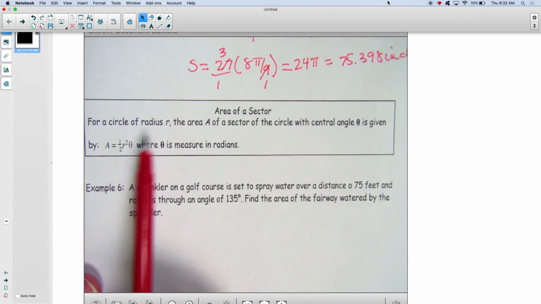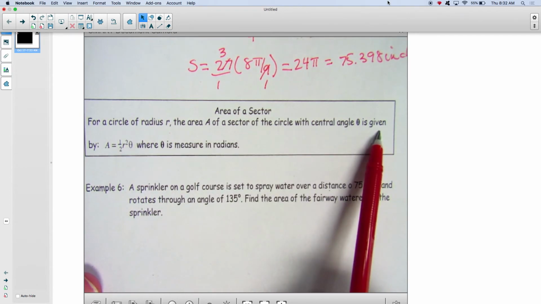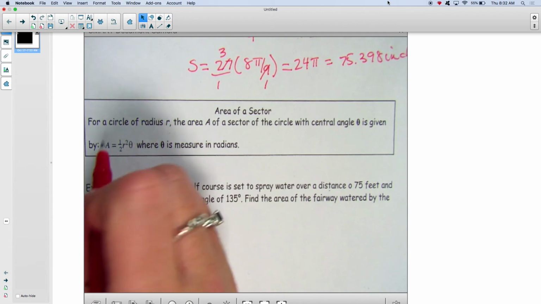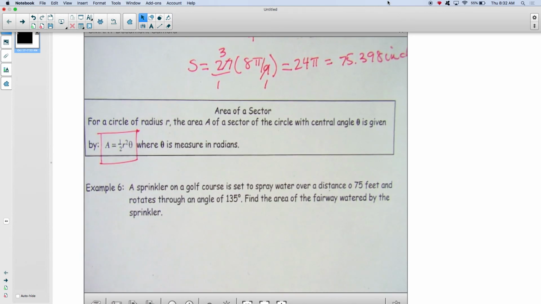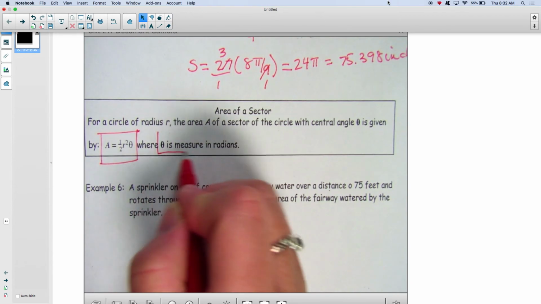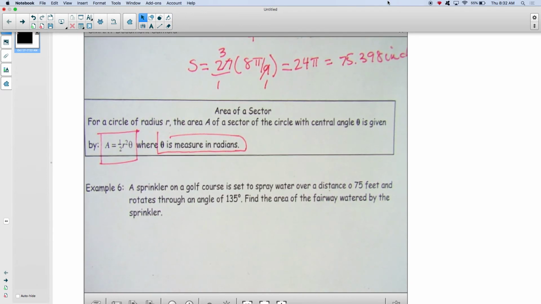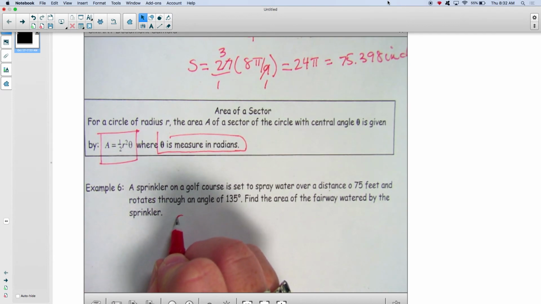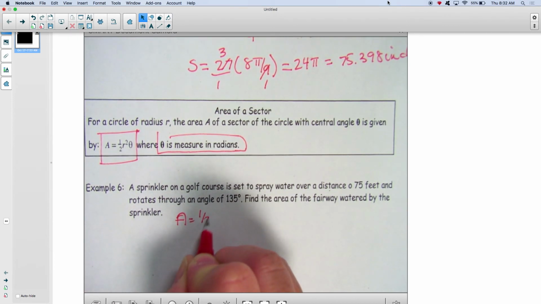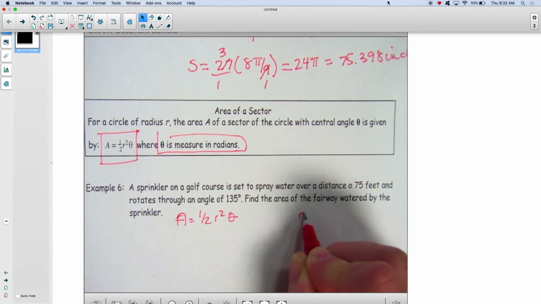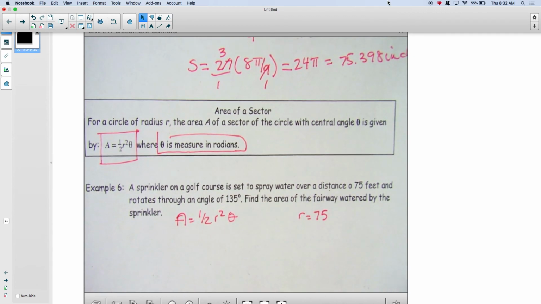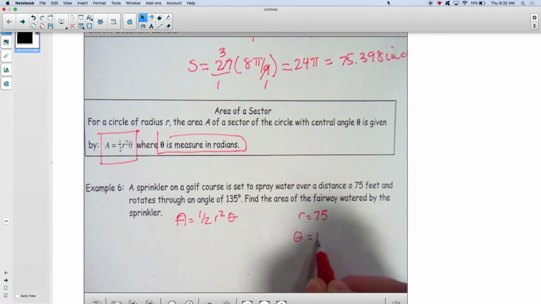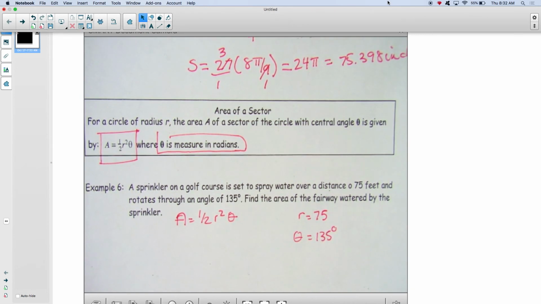For a circle of radius r, the area of the sector with the central angle of theta is given by area equals 1/2 r squared theta, and again, theta is measured in radians. So area equals 1/2 r squared theta. They told us r is 75. They told us theta is 135 degrees. So do I just square that and multiply by 135?